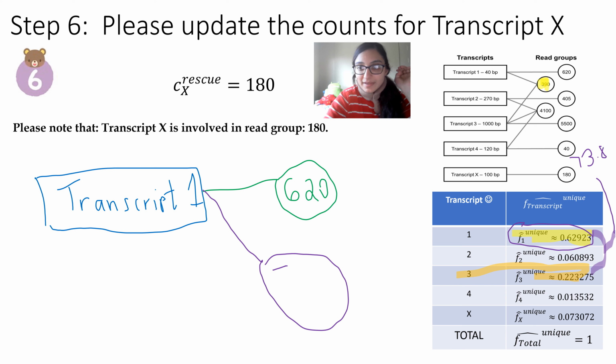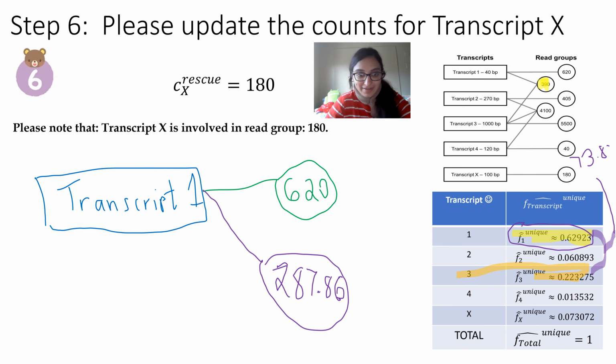Then we multiply that by the 390, and the total weight that we end up getting is 287.86. So that's the total value that we end up getting here.